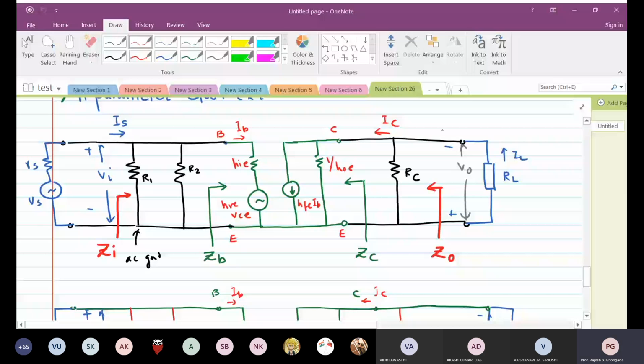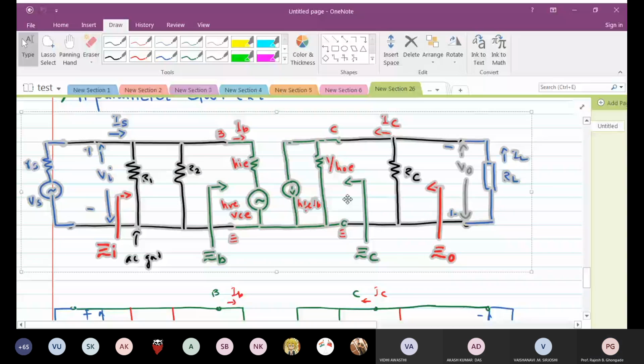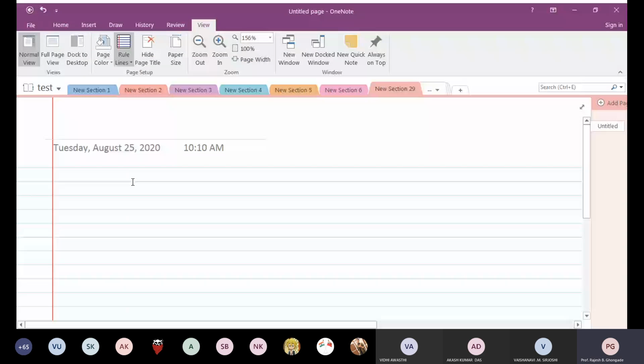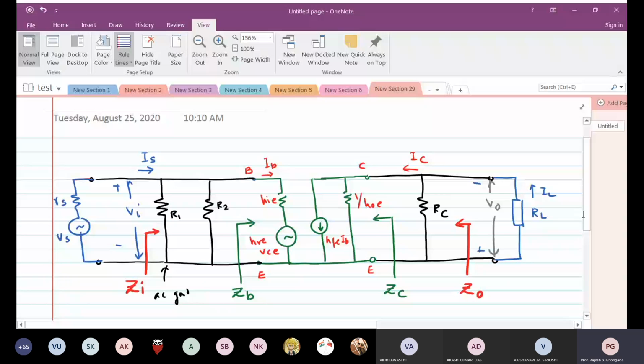I'll copy this figure instead of drawing it, so that we can start with the derivation.